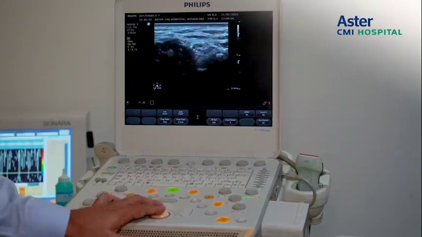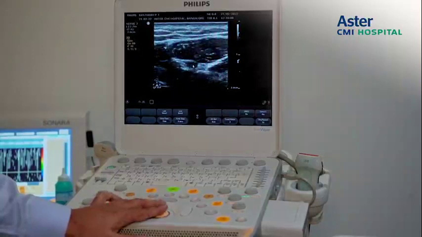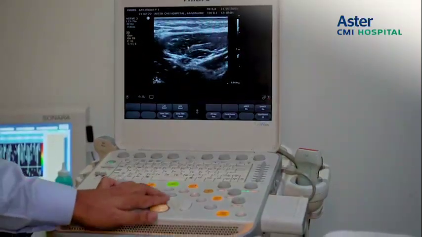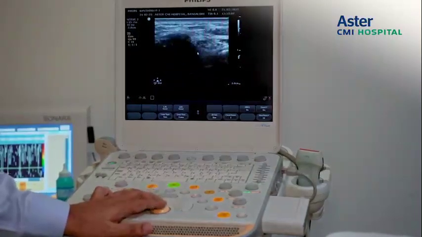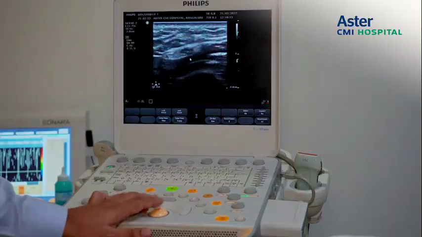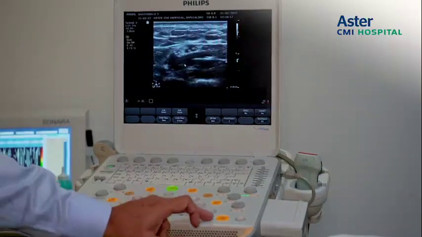You can trace the nerve, and we can see the fascicular architecture, and these are the muscles around it. We track the nerve all the way from the wrist up to the axilla. And how do we know whether the nerve is enlarged or normal?